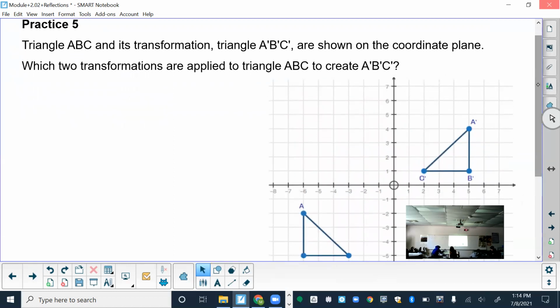We have triangle ABC transformed to A prime, B prime, C prime. What 2 transformations apply to triangle ABC to create A prime, B prime, C prime? So it wasn't just reflected. What else happened to it? Was it rotated?